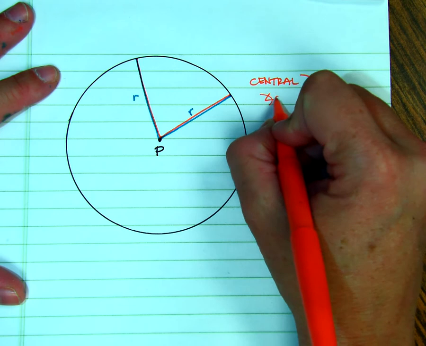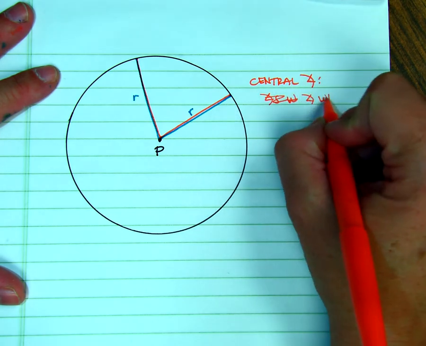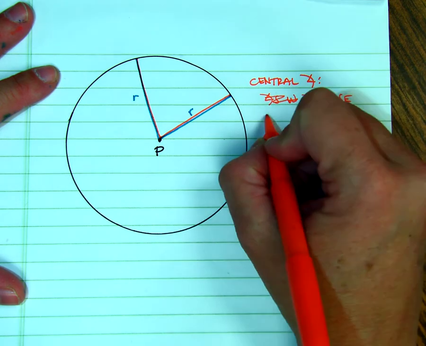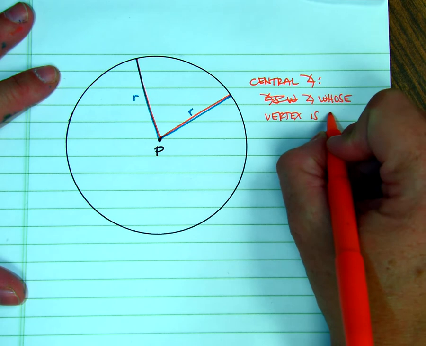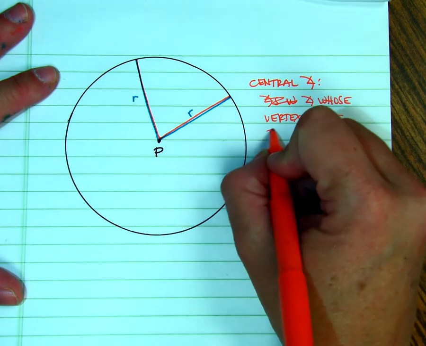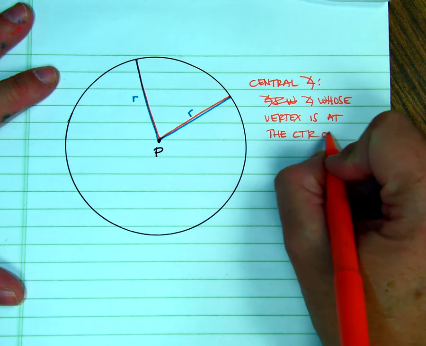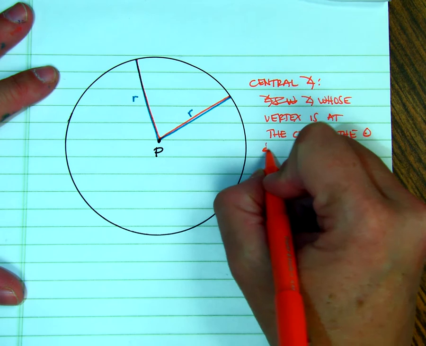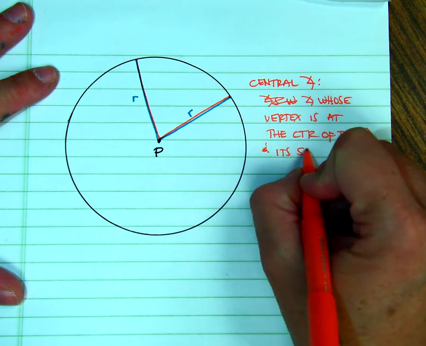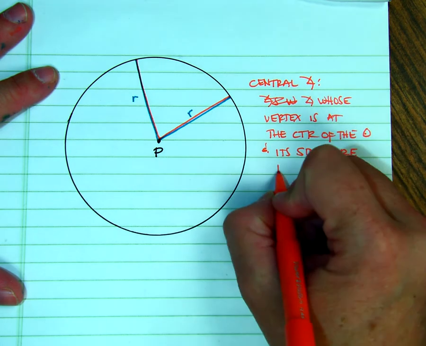It's an angle whose vertex is at the center of the circle, and its sides are radii.